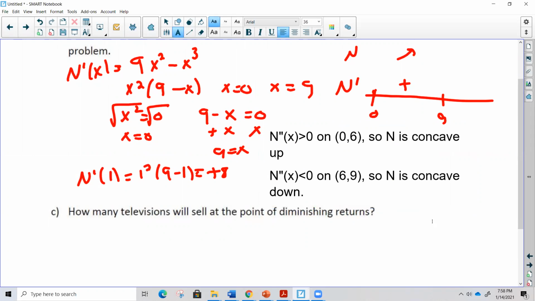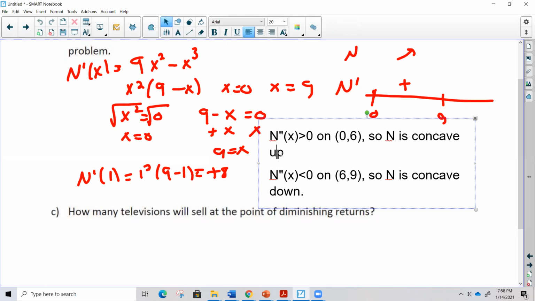And so what we're saying is when my function is concave up and it's also increasing, we said n prime is increasing, my function is increasing at an increasing rate.